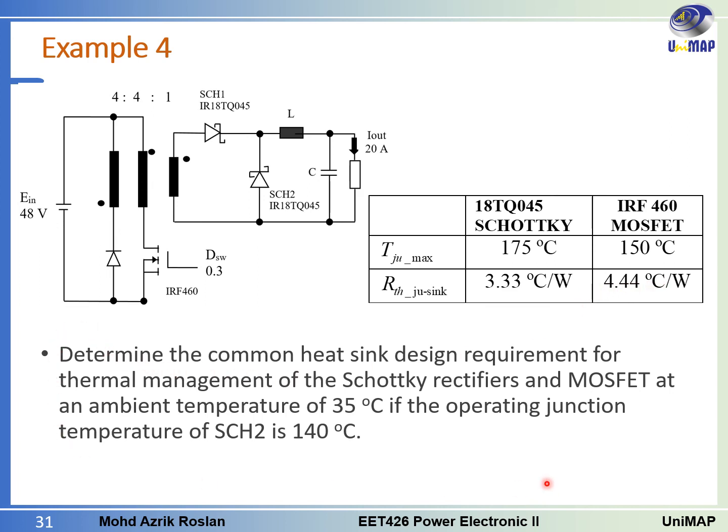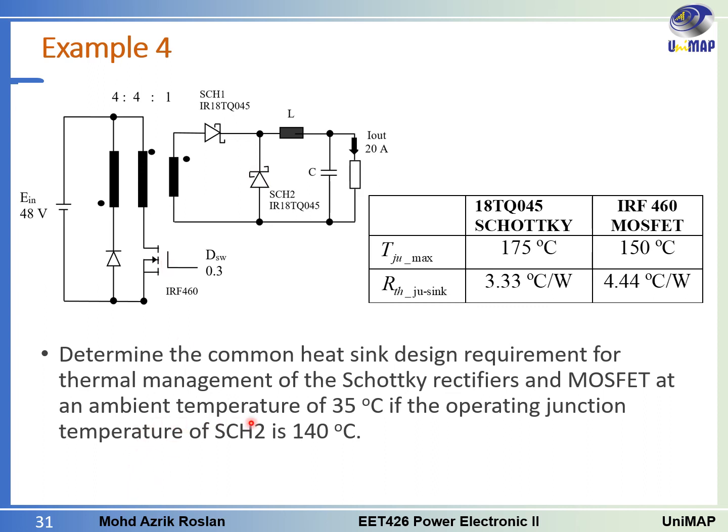Okay, so this question asks us to determine the common heatsink design requirement for thermal management of Schottky rectifiers and Mosfet. So we have to include all 3 components: Schottky 1, Schottky 2 and the Mosfet.